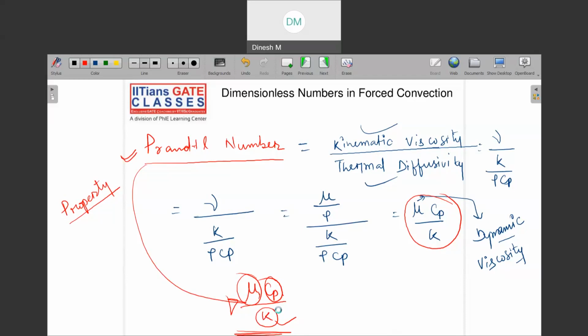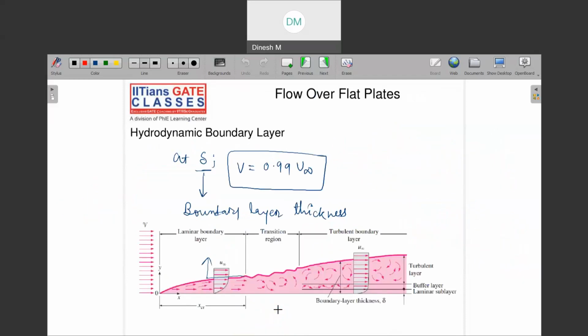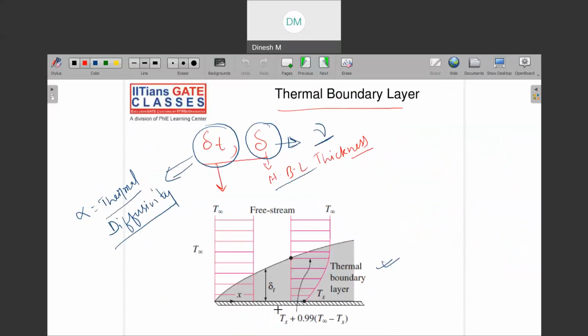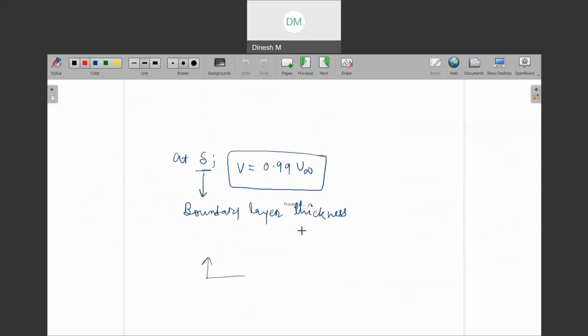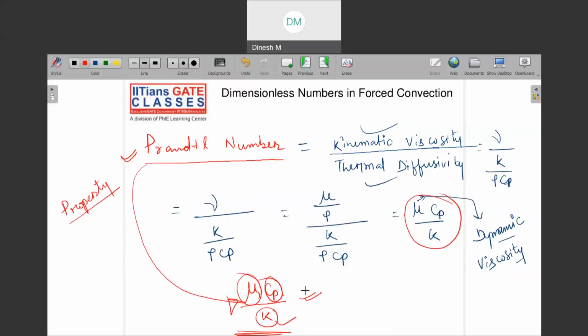Okay, so we have discussed a few things about the Prandtl number. Now what is the significance of it?